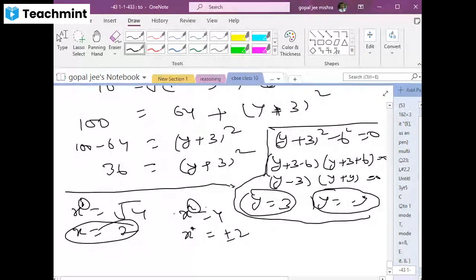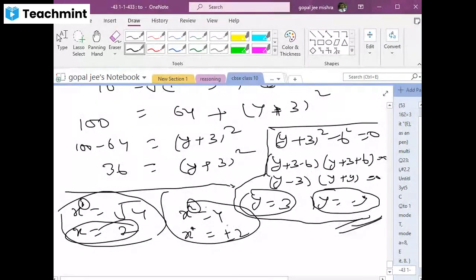That is why, to remove this confusion of the roots: if you are squaring anything, redundant roots are introduced. If you are taking a square root, some roots are deleted. So to remove that confusion, I always use this method so that you will never get confused.